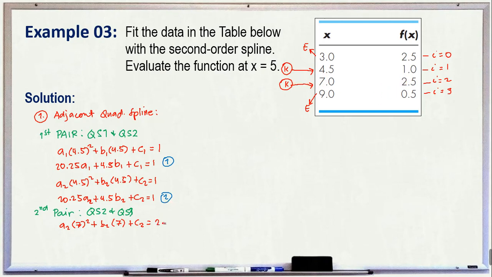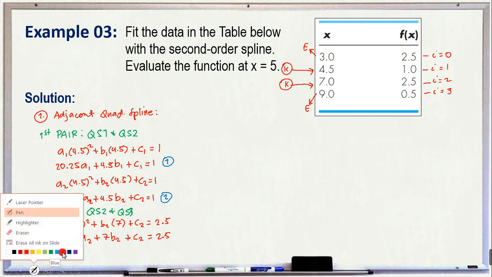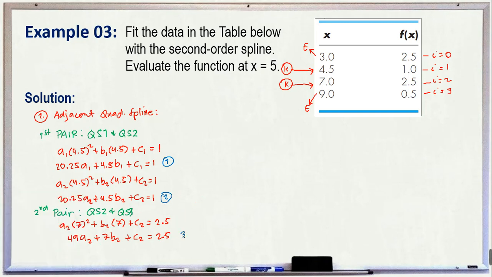So put here 2.5. So simplifying, we have 49 a sub 2 plus 7b sub 2 plus c sub 2 is equals to 2.5. This is our equation number 3. Now, nakasunod ra?